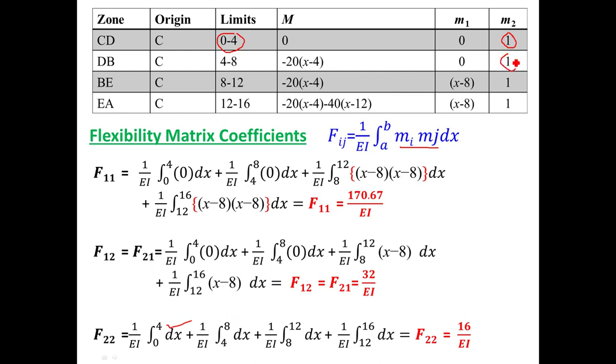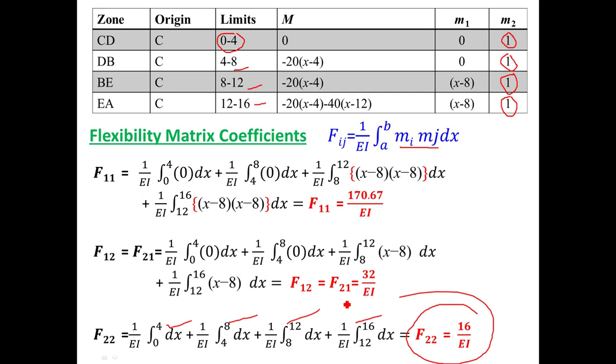Similarly 1 into 1 for the second, third and fourth zones. So for all 4 zones the integration is dx only, with limits 0 to 4, 4 to 8, 8 to 12, and 12 to 16. If you solve these 4 integrations in your calculator, the final answer of F22 is equal to 16 upon EI. So these are the coefficients of the flexibility matrix.